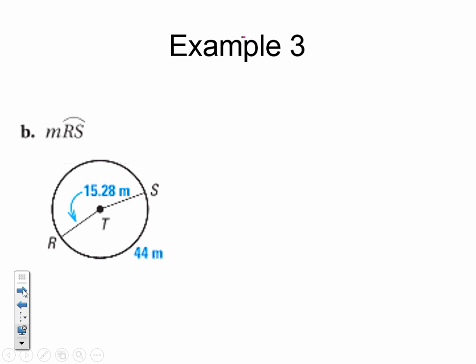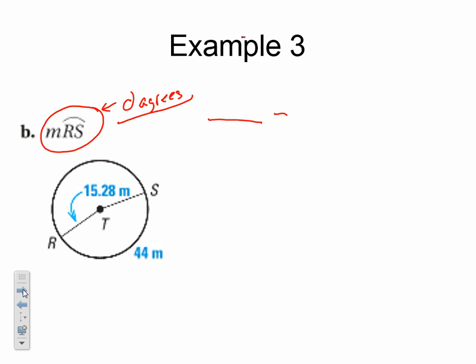All right, moving on to our very last example. We want to find the measure. Now remember, when it looks like this, ladies and gentlemen, we're looking for the degrees. So if we set up our equation, we have 360 here. We don't know our degrees, so we're going to have x there. The distance from R to S right here is 44, so we'll plug that in.